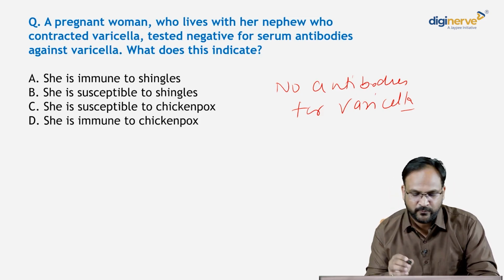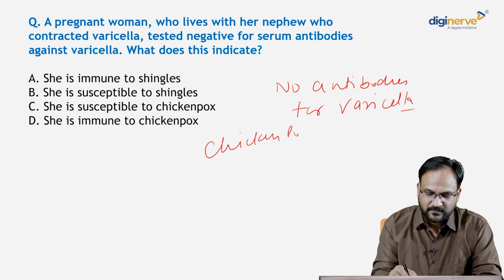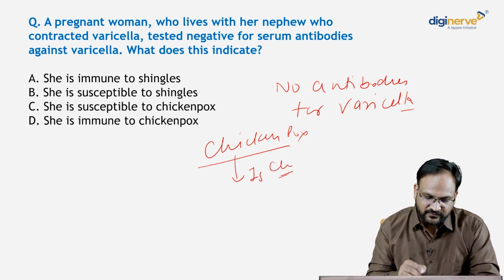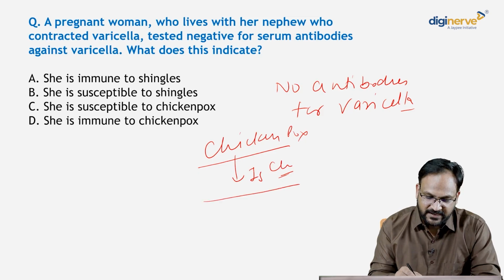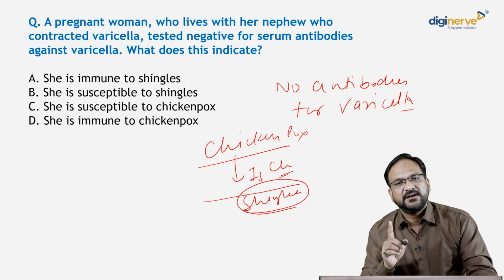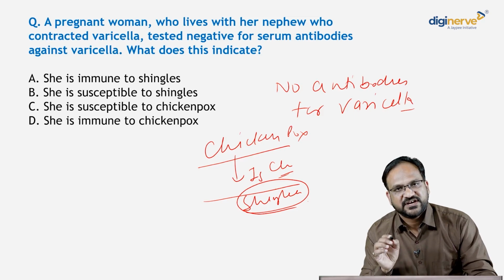So let me tell you, once a person has an infection with chickenpox, the person will develop immunoglobulin against chickenpox, meaning antibody against chickenpox. After that, the person may have an infection of shingles. So shingles will occur only when the person has antibodies against chickenpox.